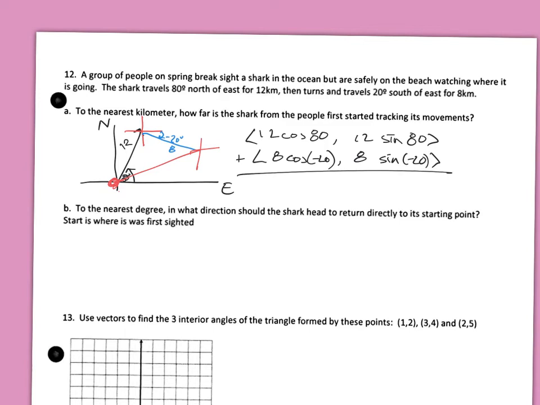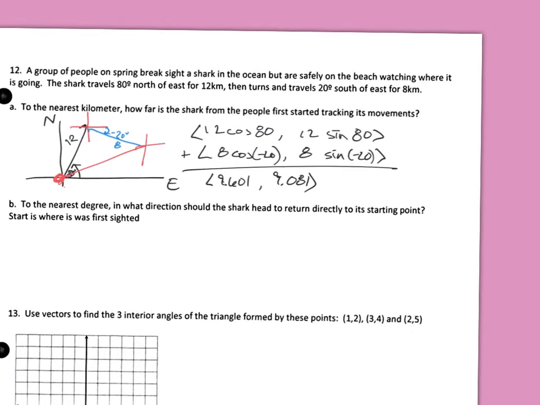I like to add these up and down. We just want decimals. So to the nearest, we'll go 3 decimal places, 9.601. And of course the b value is 9.081.